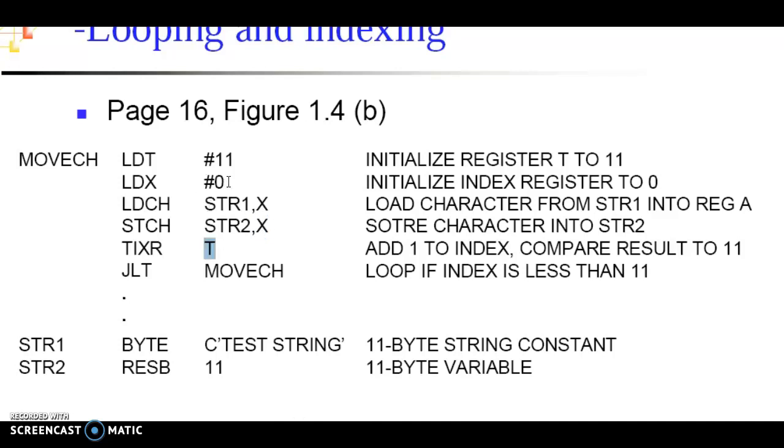What does the T register have? It is having the value 11. Then jump if less than, that is JLT to move CH. So this is used for the looping condition.